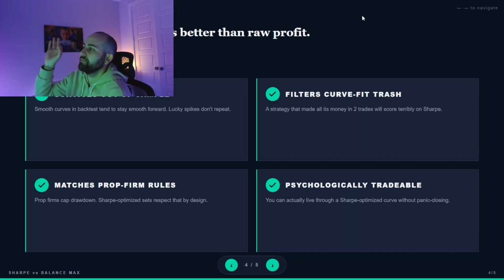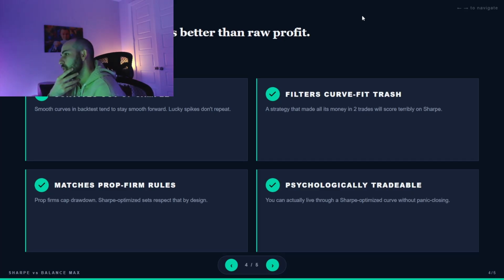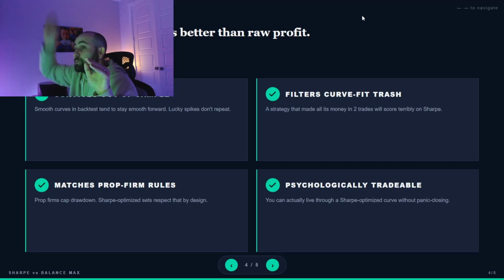So why is it better than balanced max? These are the top things I've seen in my testing so far. I've been trying to get into prop firms to get some extra money on the side and basically just pass them. Sharpe ratio will eliminate those spikes.